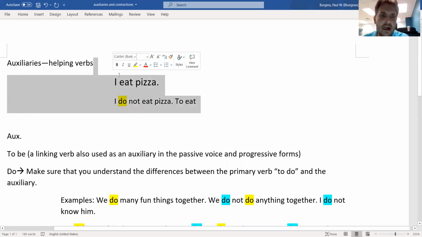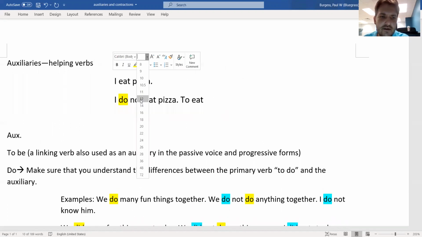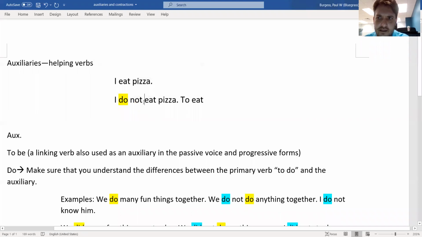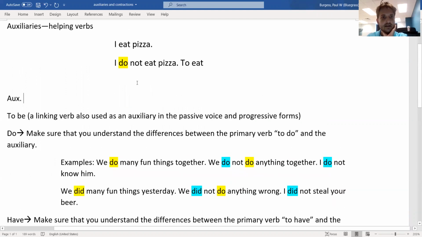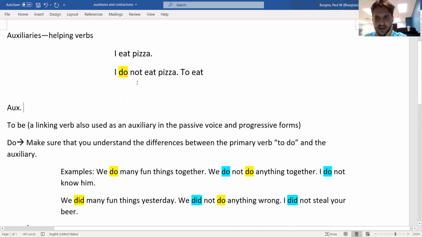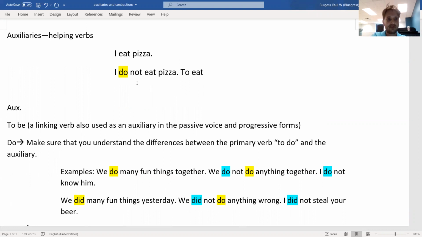Okay, and as you have likely noticed already, auxiliaries are very common in English and very important in the language. In fact, most questions and negative statements in English require auxiliaries, and several verb tenses require them too.